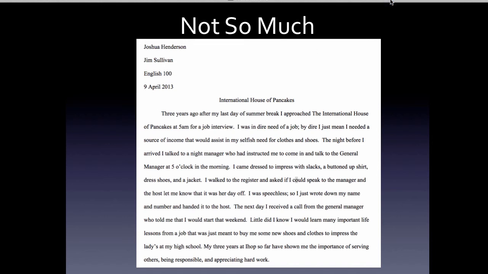So hopefully you paused for a second there and read carefully through the intro on your own. My comment on it is that Joshua really describes the experience of being hired, which is interesting, and I could see why he thought it would be a good setup, but he doesn't really tell us about the job itself. He doesn't describe the job for us, and he doesn't give us that sense of the connection between how he feels about the job and the vivid details of the job itself.